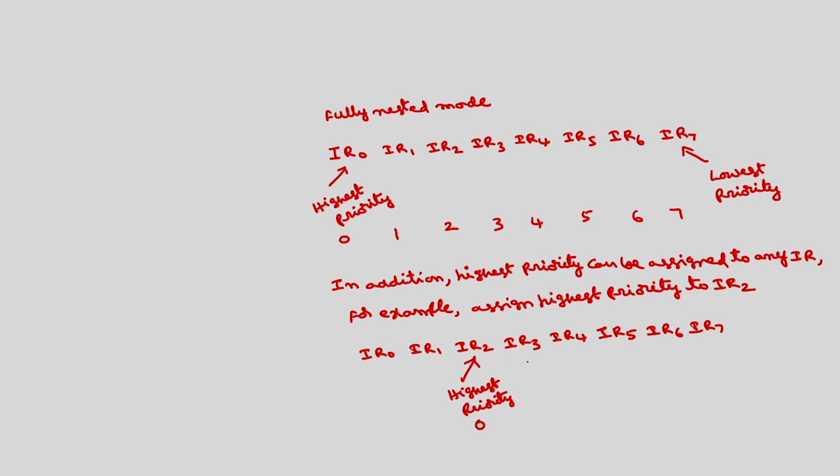Automatically the next IR becomes priority 1. Priority 2 is IR4, priority 3 is IR5, IR6 is priority 4, IR7 is priority 5, then IR0 is priority 6, and IR1 is priority 7, which is the lowest priority. This is called nested mode. So, the second mode is called automatic rotation mode.